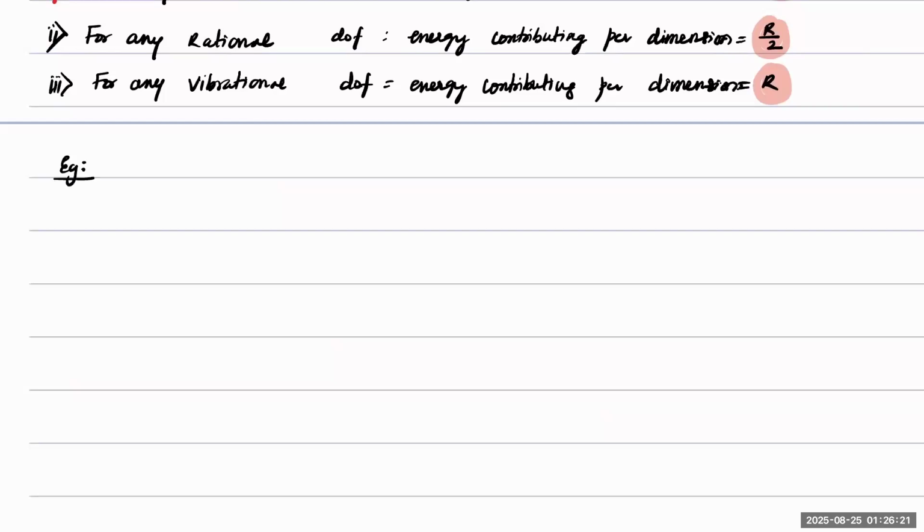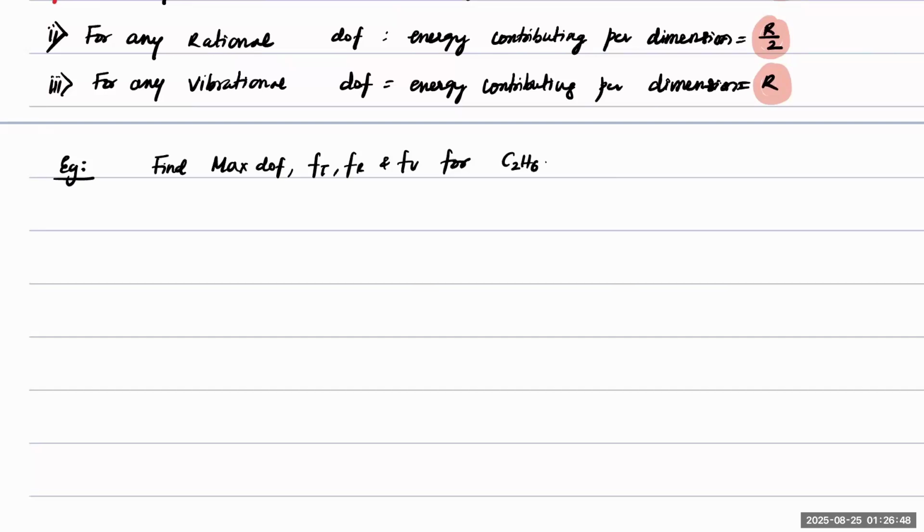Example: find max DOF, translational, rotational, and vibrational DOF for C2H6 molecule.